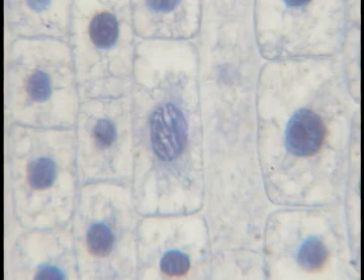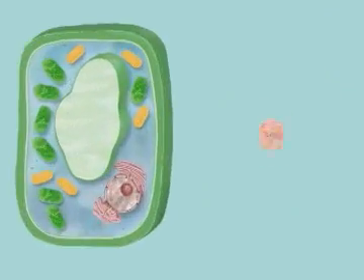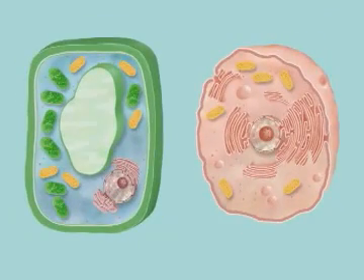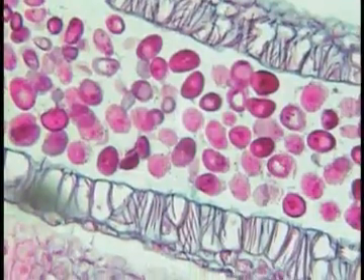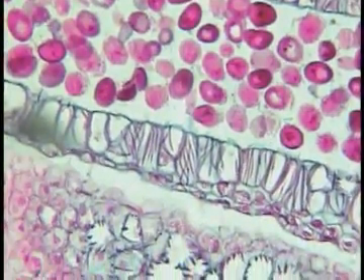There are 2 types of cells. Cells that have a nucleus, an area of the cell that controls the cell's activities, and cells that do not have a nucleus. Let's start with the types of cells that have a nucleus. These would be the types of cells you would find in plants and animals.